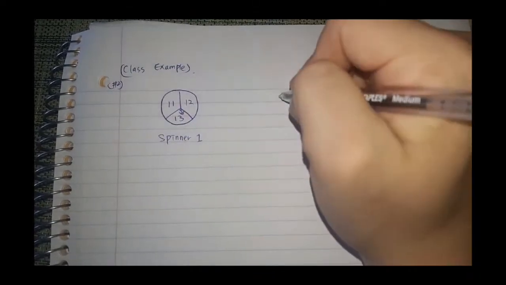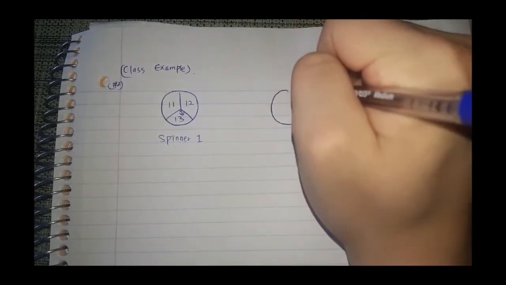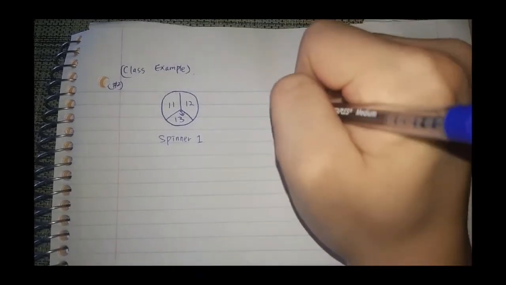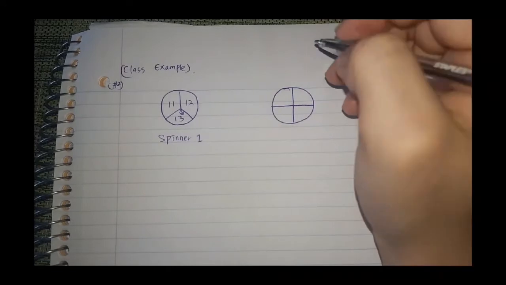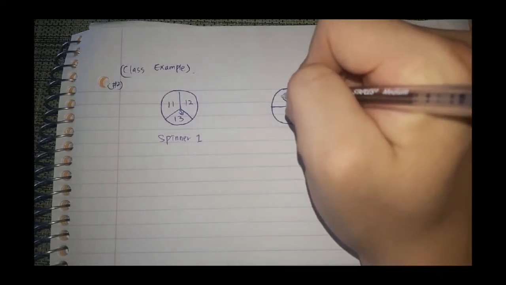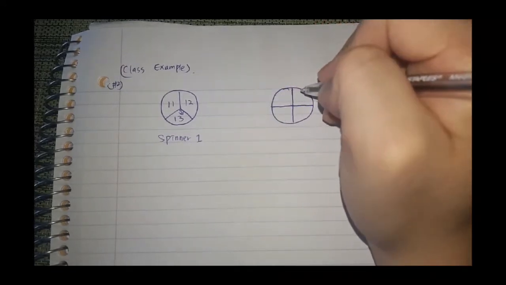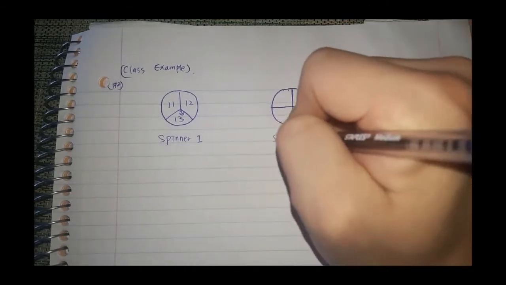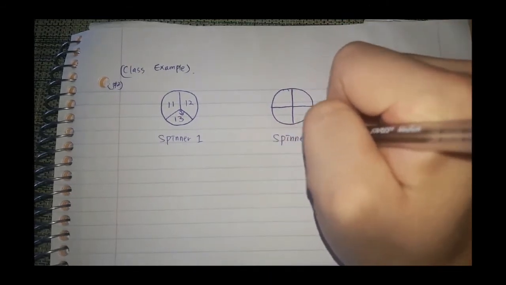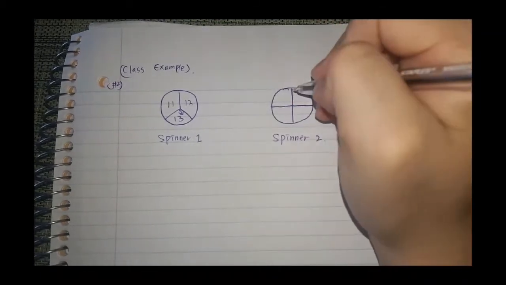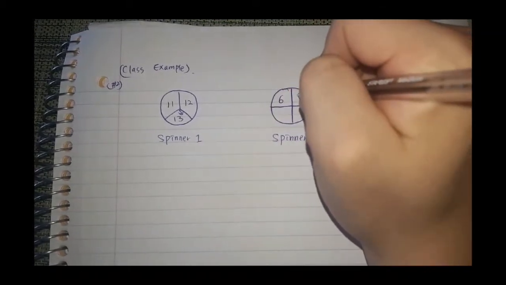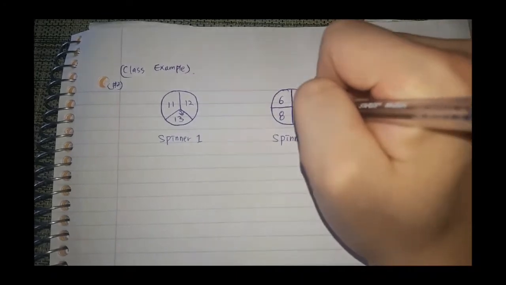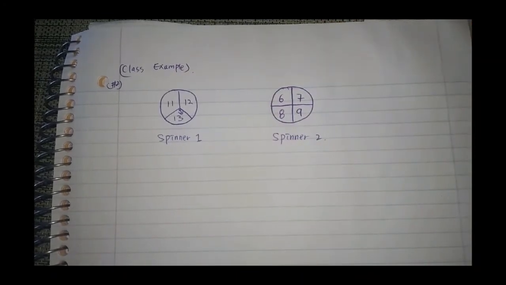The next example, why don't I do a spinner again? Except for this one, why don't I put numbers again in here? But let's do, well, I don't know, 6, 7, 8, 9. What about that?